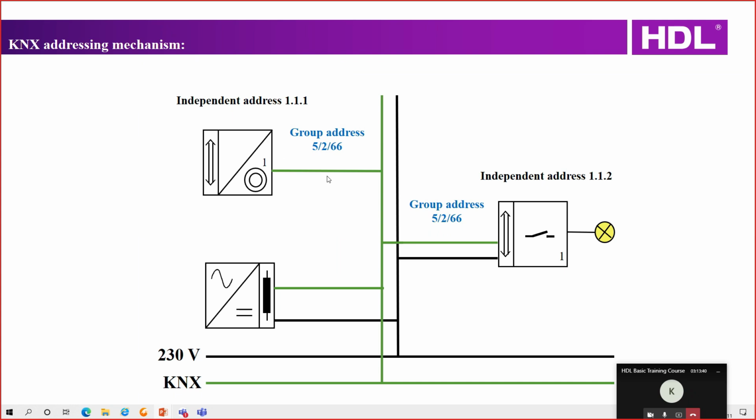And because we just have 2 days, so how to program KNX system and control it are not covered in this tutorial. Next time, if we have the training, I will show you how to control our KNX system. So please remember that you have to make each device have its own independent address. So in this case, you can make the device unique in the whole system. Then you can realize the control of it.